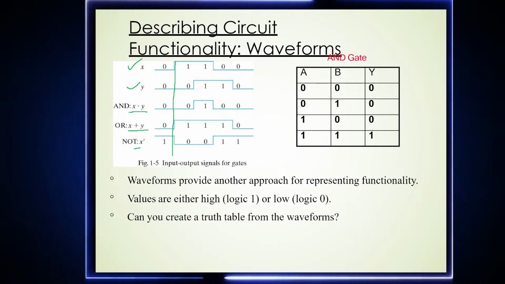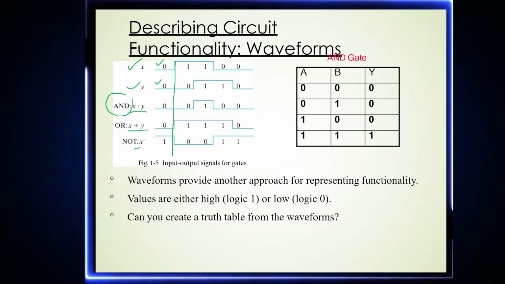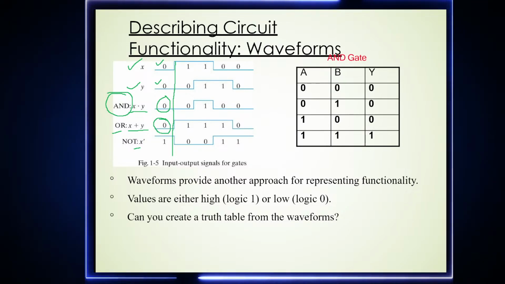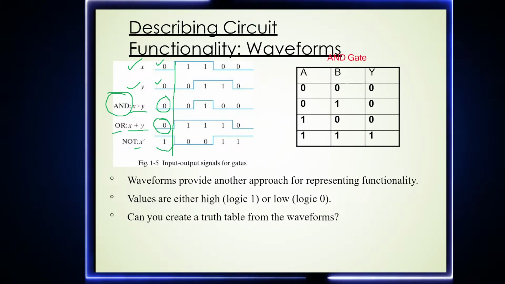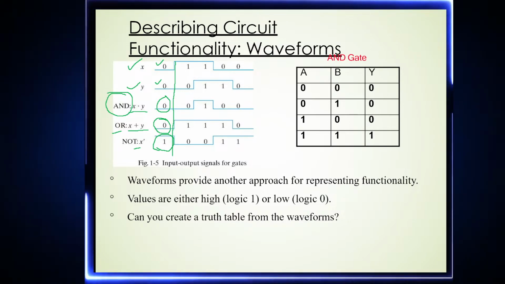The first input bit is 0, the second input bit is 0, then what will be the AND function? The AND function will also be 0. In case of OR, it will be 0 because both the inputs are 0. And NOT is nothing but our inverter. Our input is 0, so what will be the NOT output? It will be 1.